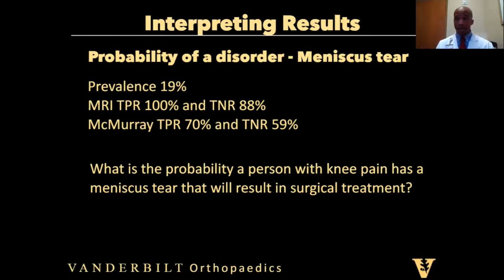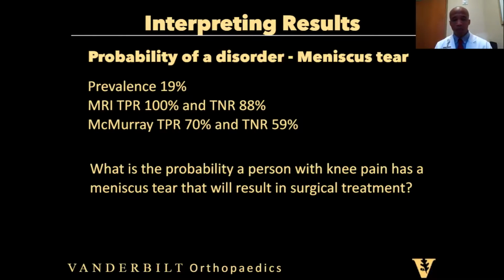McMurray's exam, you may think, oh yes, if someone has pain when I am rotating the tibia on the femur and I feel a painful pop, that must mean they have a meniscus tear. The sensitivity of that test, the true positive rate, is 70%, and the specificity, or true negative rate, is 59%.